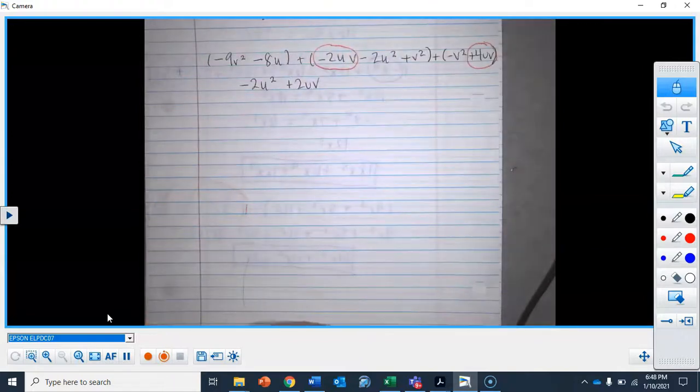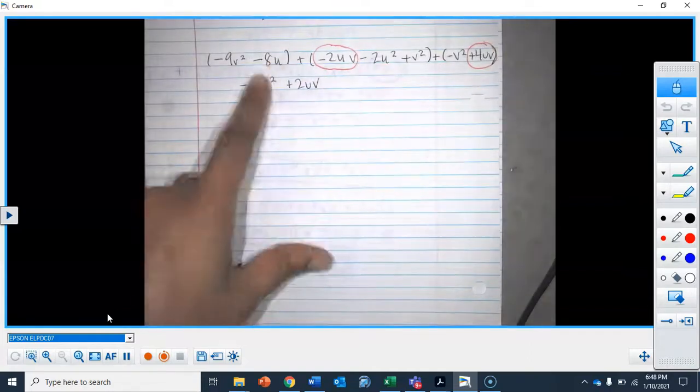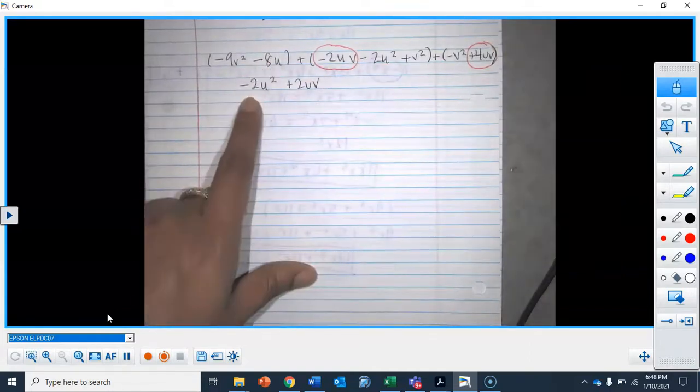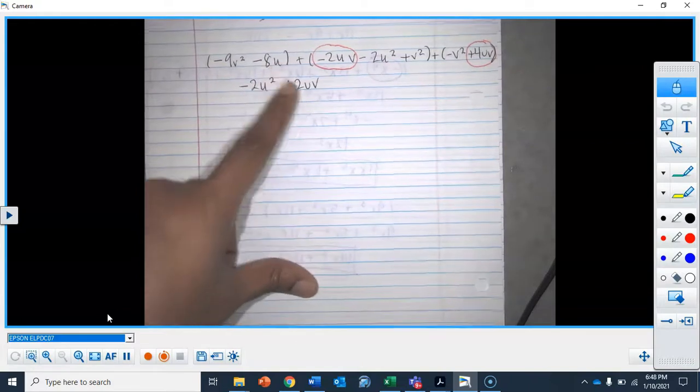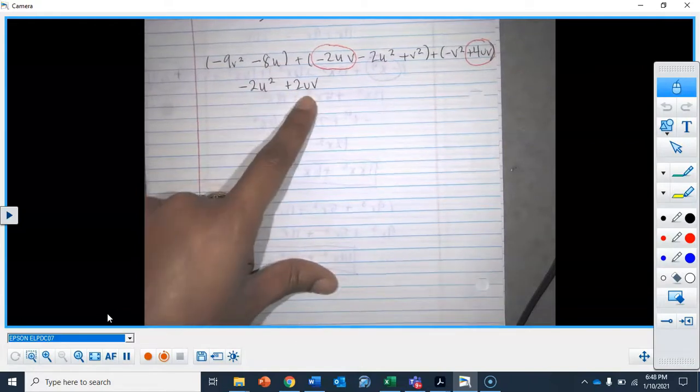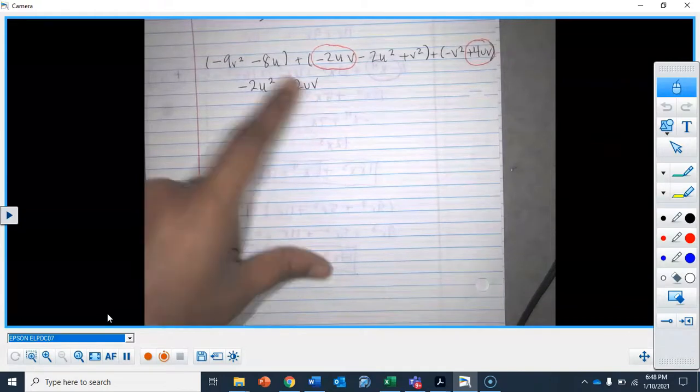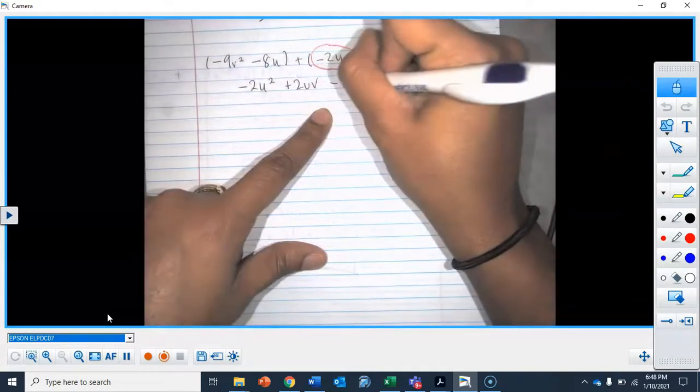Okay, then we're going to go to... Let me see who's next. Yeah, this was only U squared. Well, here's U. And between you and me, we should have done U squared, and then the U to the 1 power, and then UV, but it's okay. So there's only one U term.